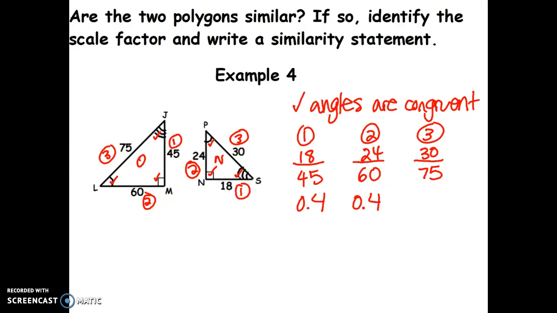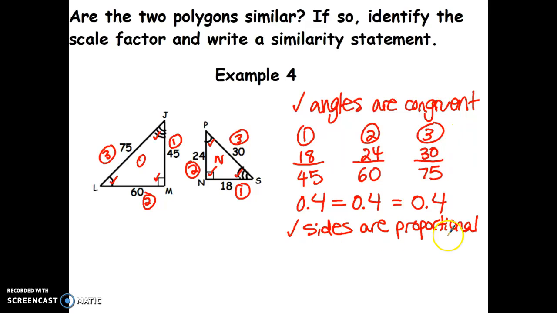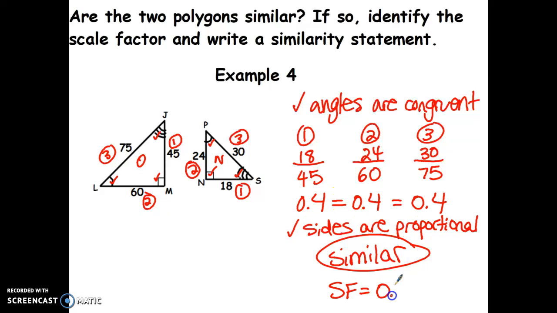And 30 divided by 75, 0.4. So each of those equal each other. So we can say, yes, the sides are proportional. Because the angles are congruent and the sides are proportional, we will say that, yes, the two figures are similar. And our scale factor is that common number, so our scale factor is 0.4.